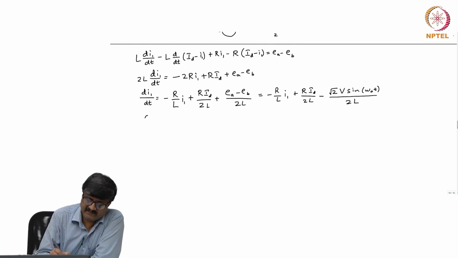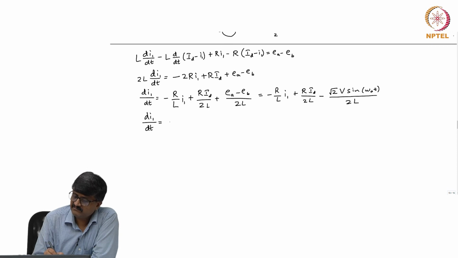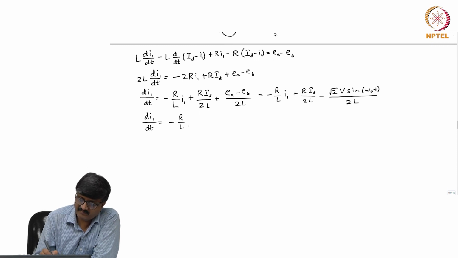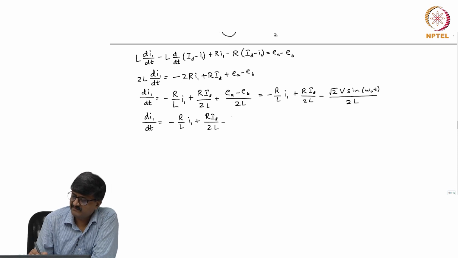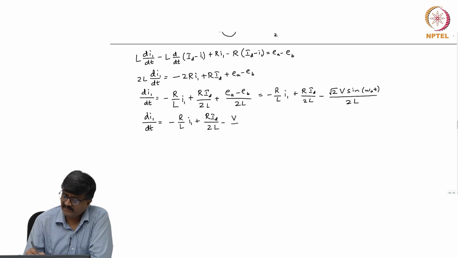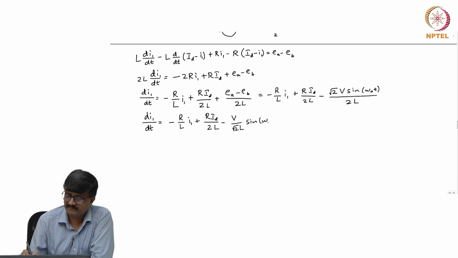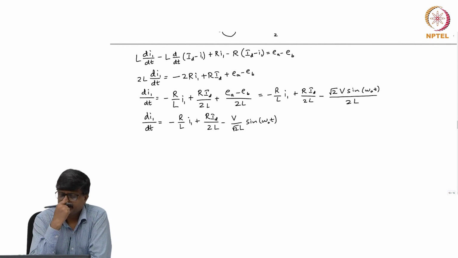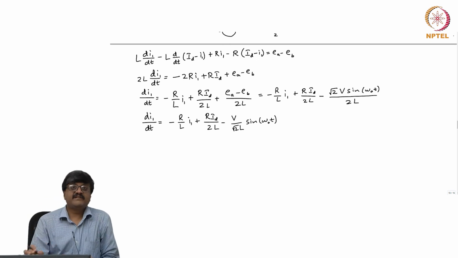So, I can finally write this as dI1/dt is equal to minus R by L I1 plus R Id by 2L minus V by root 2 L sin omega_o t. So, this is in the standard form.